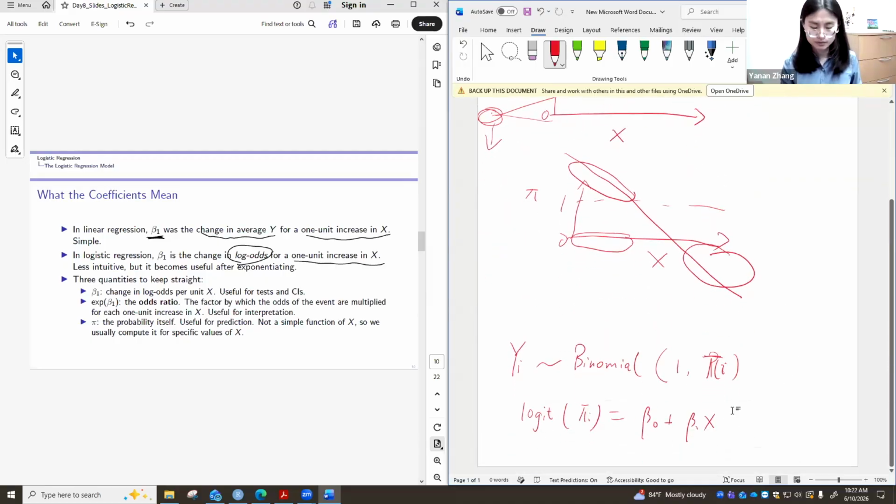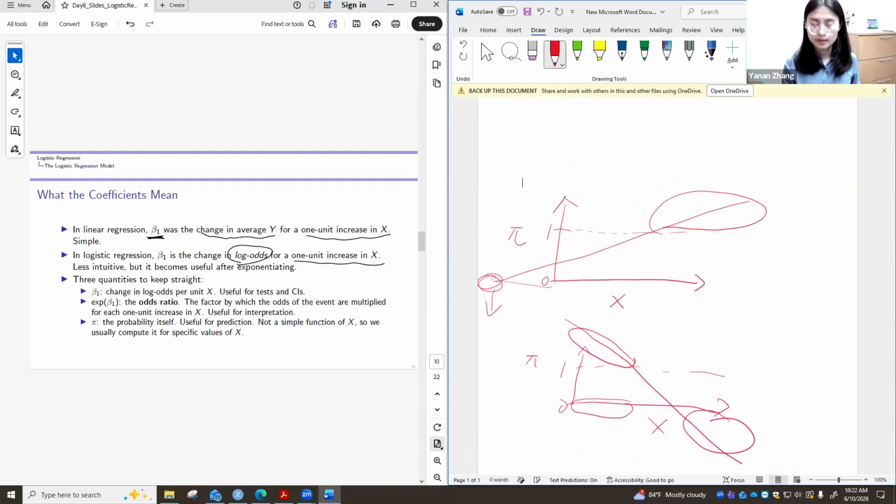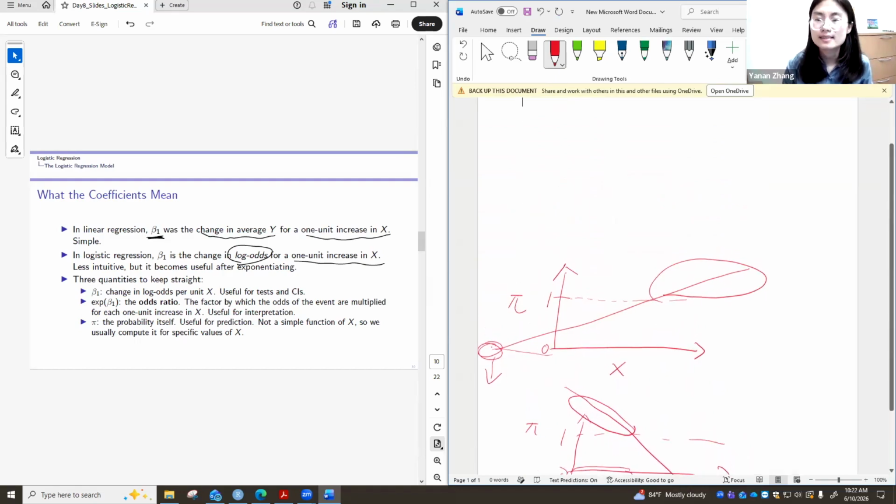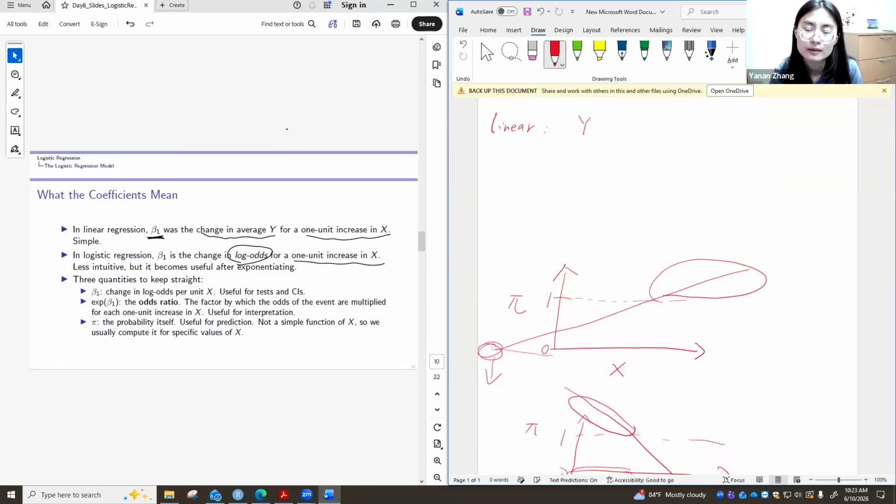So let me see. Okay. So let's write these two equations. Maybe this will help us to understand it. For linear regression, we model the outcome as a slope and intercept form plus some errors. While for logistic regression, right?